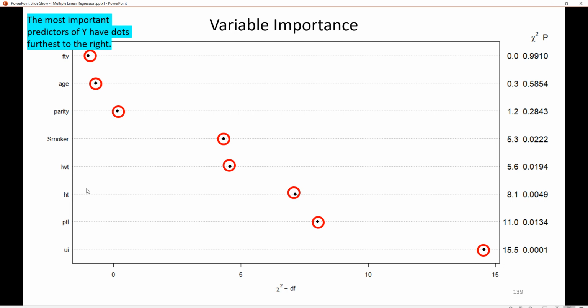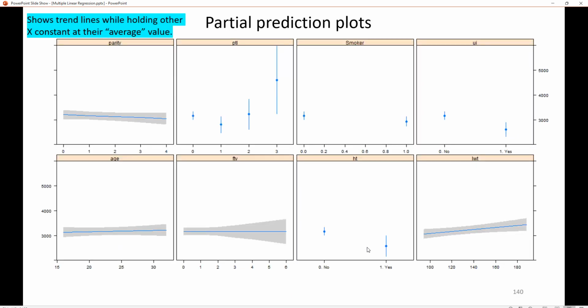In this variable importance graph, the predictors on the bottom are also the ones with the dots furthest to the right, and those are the most important predictors.